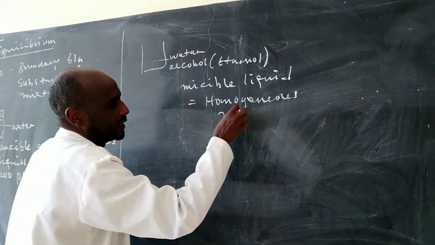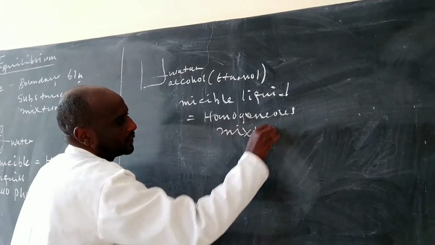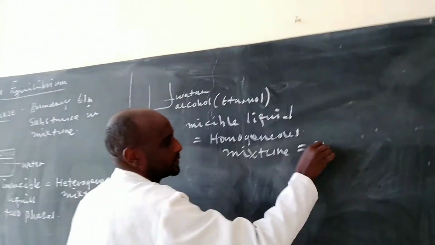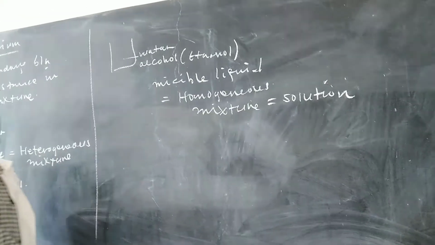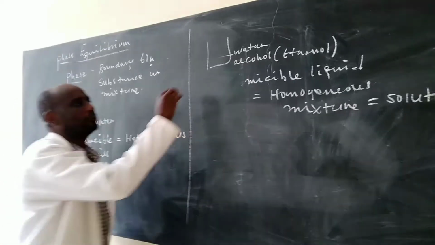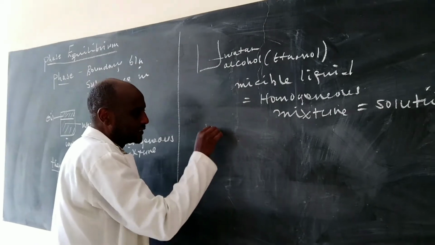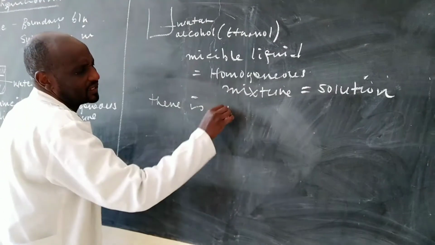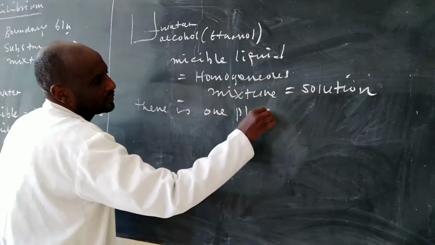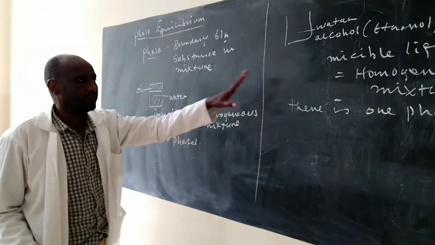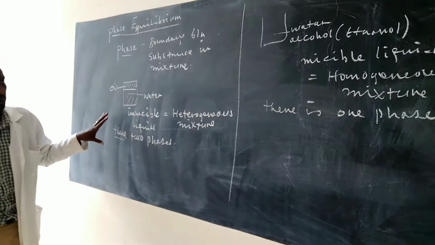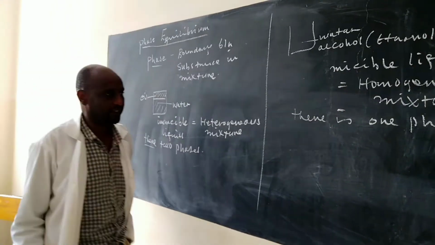That is a solution. Now in this case, we have one phase. This is one phase, and this one is the two phases. This is how to count a phase.